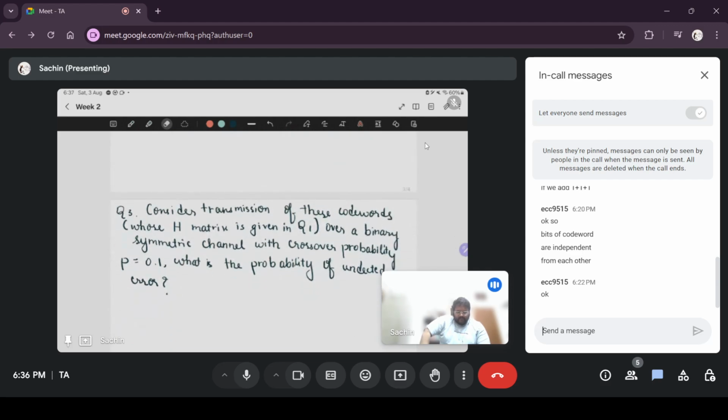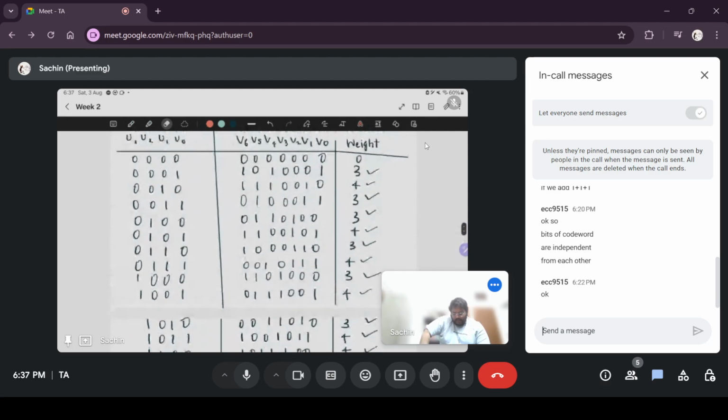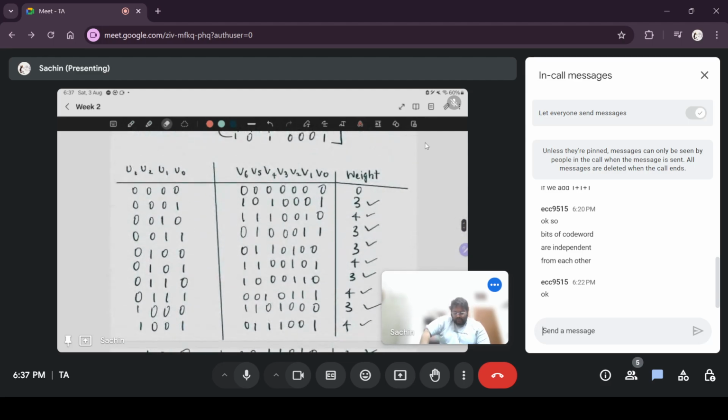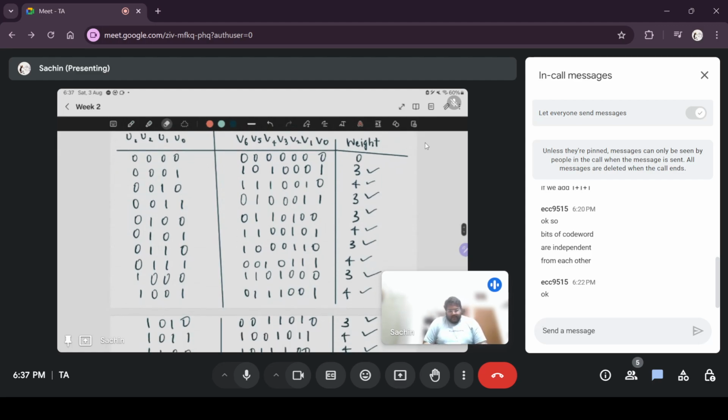The question asks, what is the probability of this happening? Each of these code words could change into any of the remaining 15 code words, and you would not be able to detect the error that occurs.